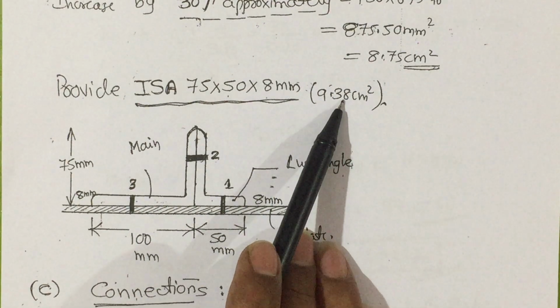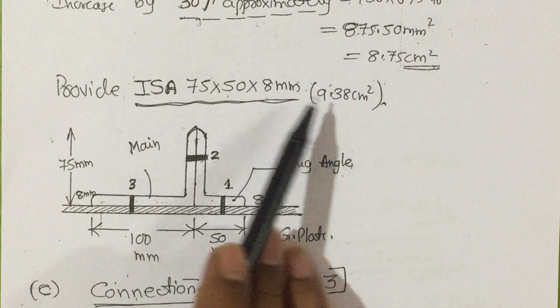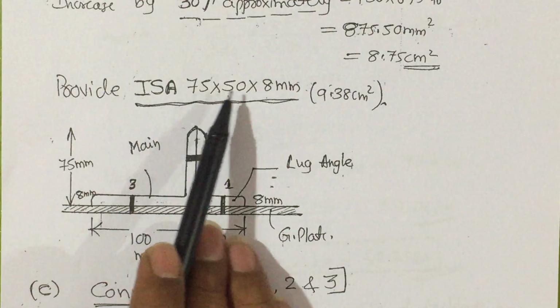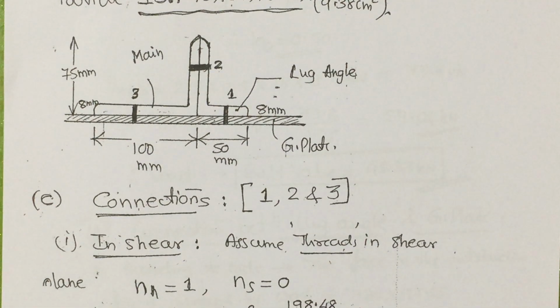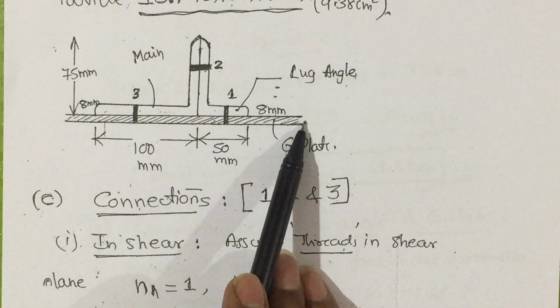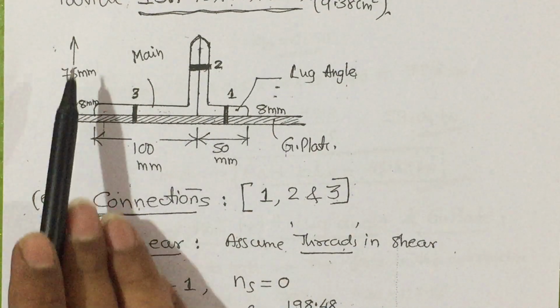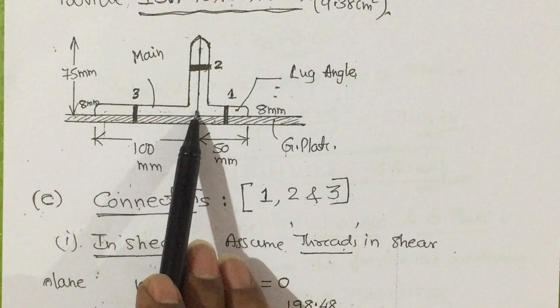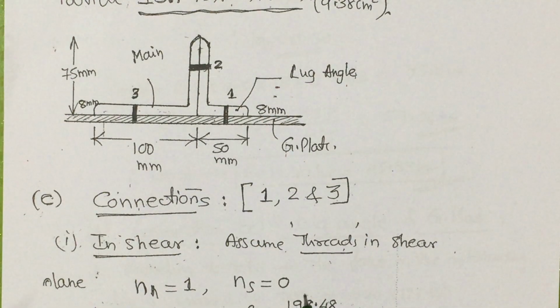So, we got 9.38 centimeter square as the nearest value above this, and the section corresponding to it is ISA 75 by 50 by 8 mm. This is the main angle, this is the gusset plate, and this is the section we selected, 75 by 50 mm and the thickness is 8 mm.